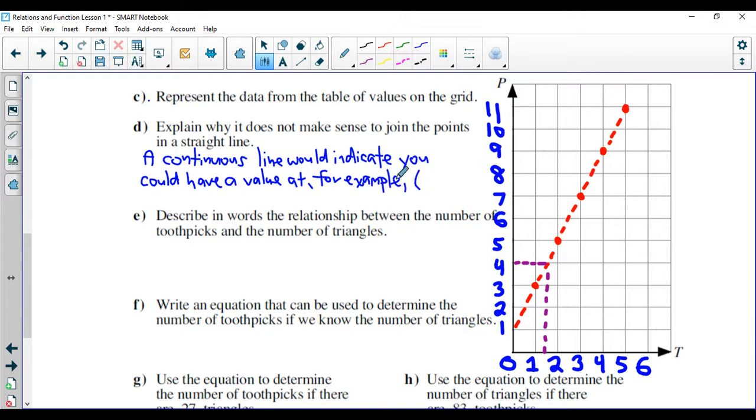So my point was it would be 1.5, comma 4. But the problem is you cannot have 1.5 triangles.